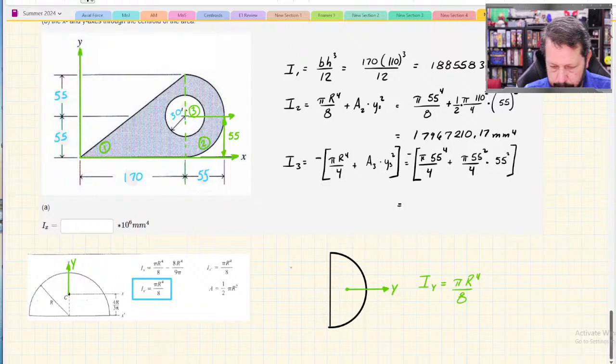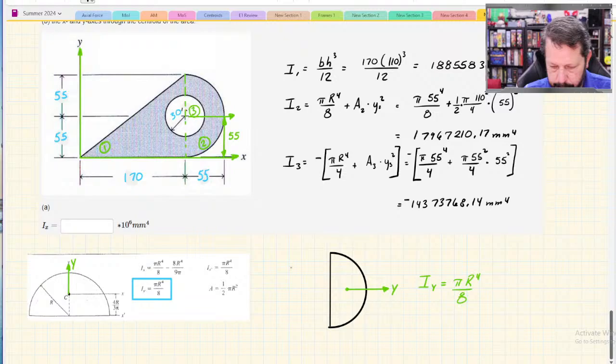So let's see if we can do that math. 55 to the 4th times pi divided by 4 plus 55 squared times 55 squared times pi divided by 4 equals 14373768.14 millimeters to the 4th, but that's a negative number.